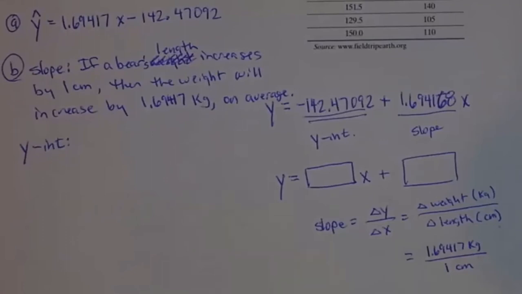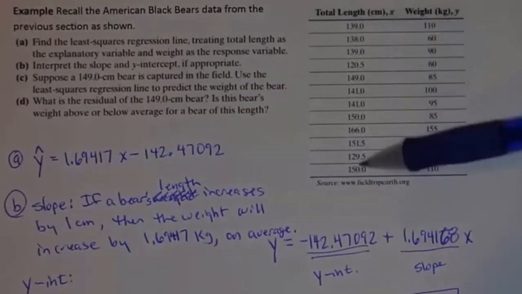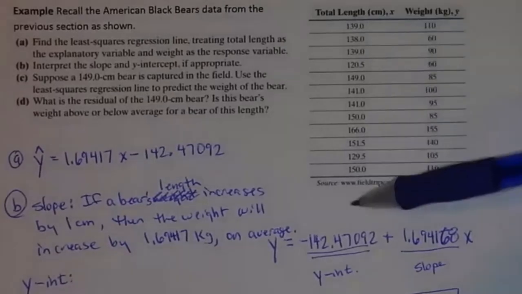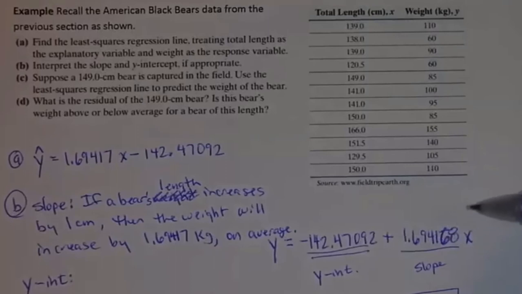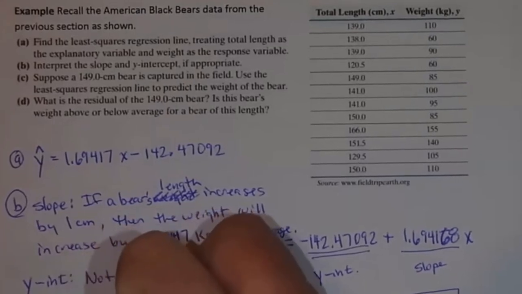You can't have a bear that's 0 centimeters long. So it would not be appropriate to interpret this y-intercept. The other thing is none of our x values are anywhere close to 0. So we would be extrapolating if we were to substitute 0 into this equation. So for that reason also, it's not appropriate to interpret. So I'm going to say not appropriate.